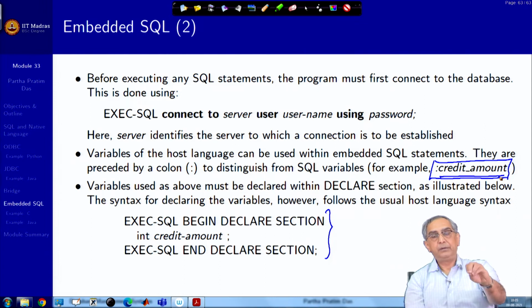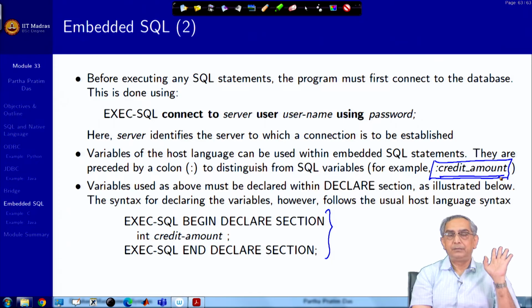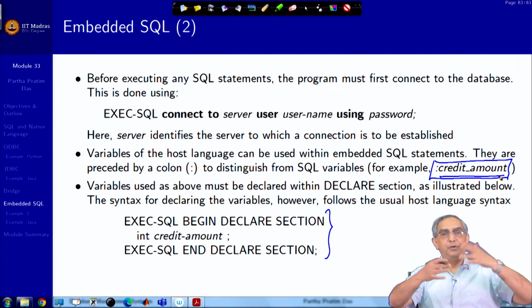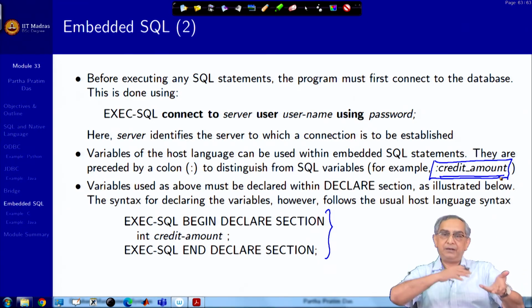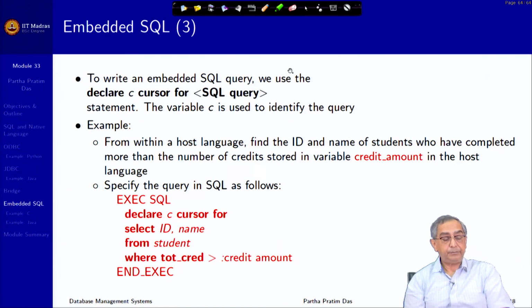So, if you put a value in credit amount in the high level language, it will be available in the SQL as :credit amount. Now you can put the value, get the value and so on. Very simple design.